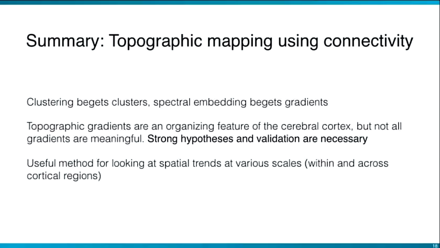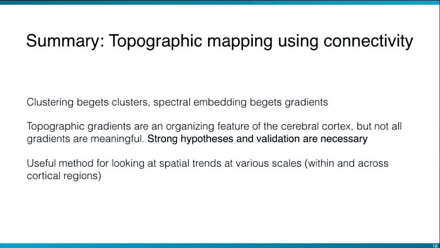No doubt that topographic gradients are an organizing feature of the cortex, but not all these gradients are meaningful. It's absolutely critical to have strong hypotheses driving these approaches, because you can put data in and get gradients out, and if you don't have a strong hypothesis, it's really going to become challenging work to validate whatever results might come out of that.